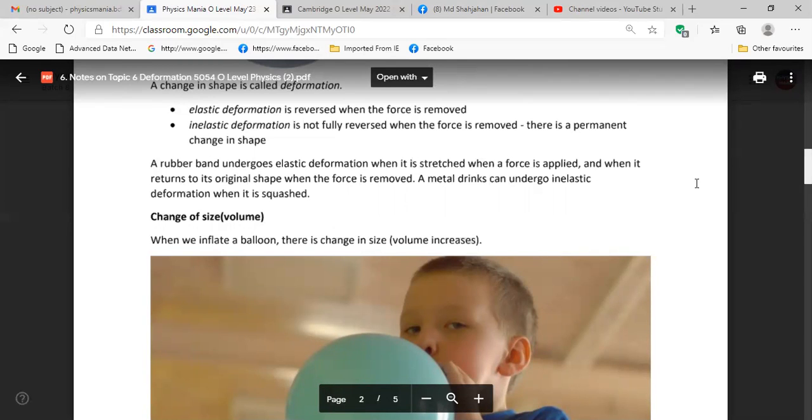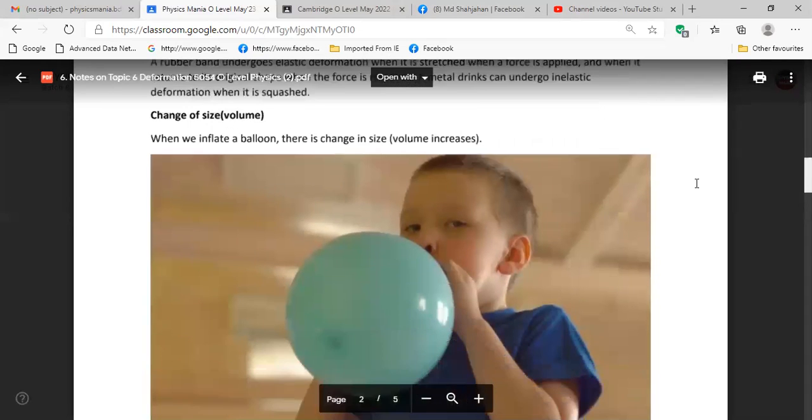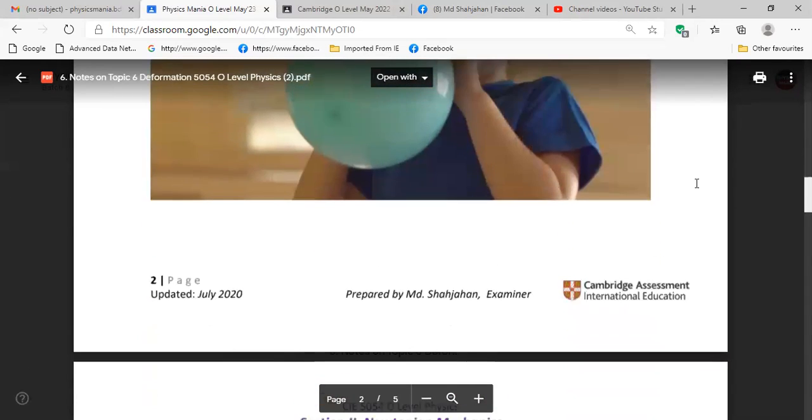Then you write these two examples. Example: inflating a balloon and then squeezing a sponge.